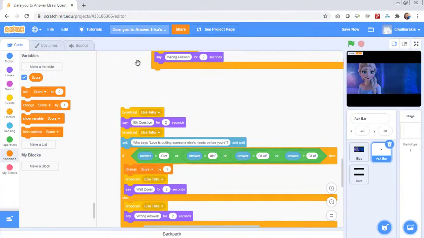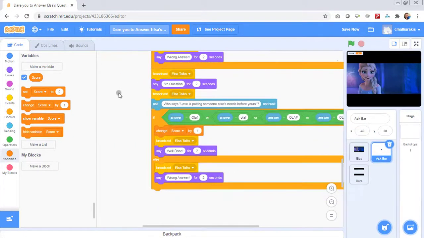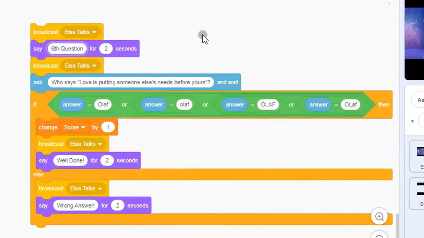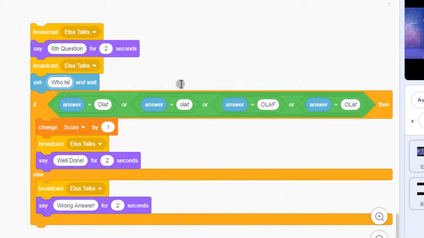I will take this fifth question, drag it and drop it right here. Sixth question. Sixth question will be, who tells Elsa that Anna is supposedly gone? Who tells Elsa that Anna is supposedly gone?